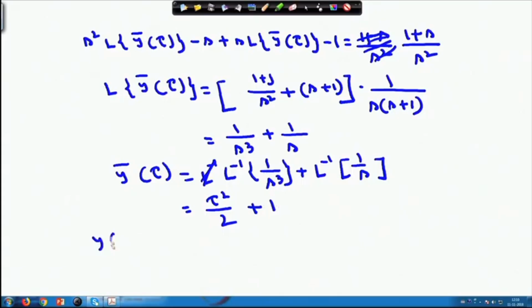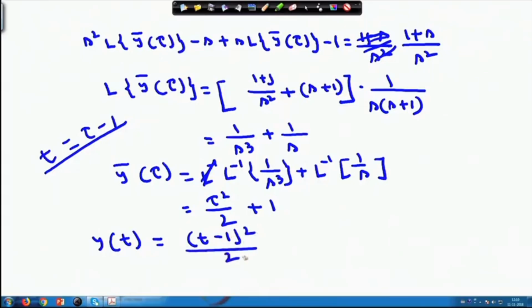From here I can obtain y t, because you know t equals tau minus 1, or t plus 1 equals tau. So substitute this, that is, t minus 1 whole square by 2 plus 1. This you obtain as the solution. So y t equals (t minus 1) whole square by 2 plus 1 is the solution of your problem.